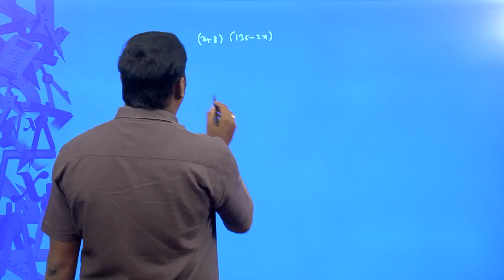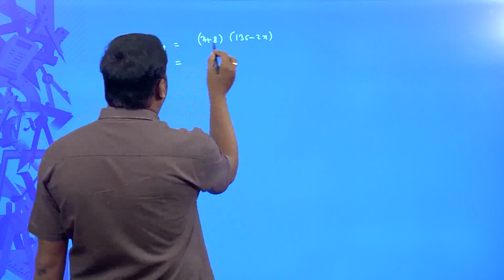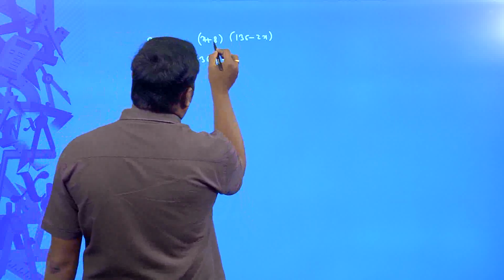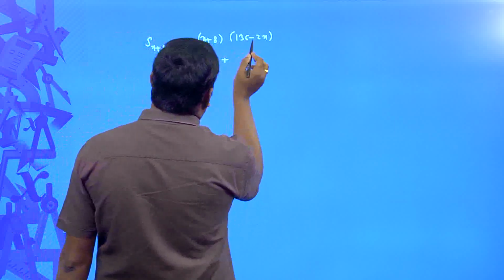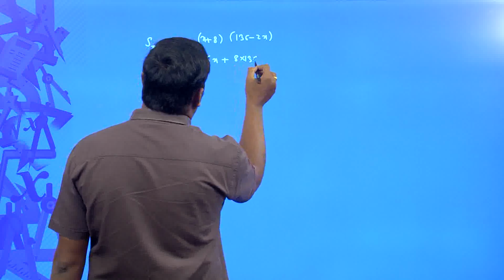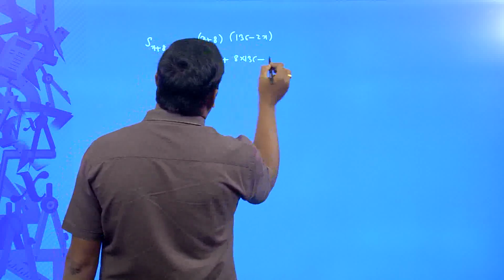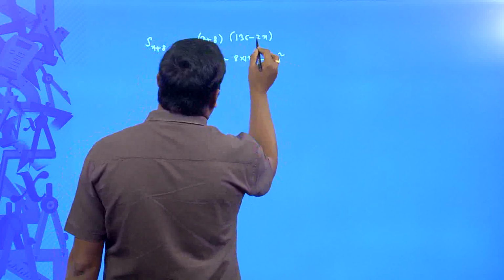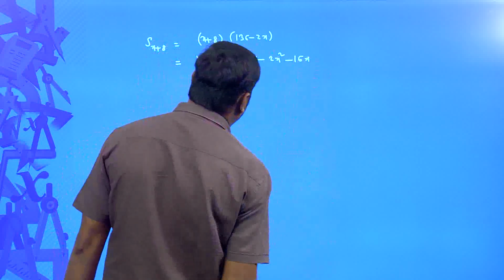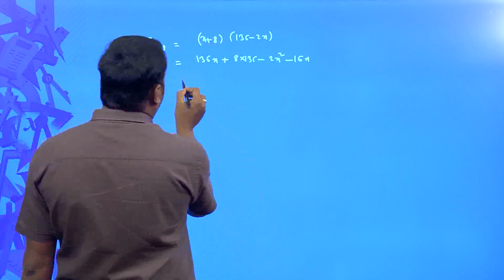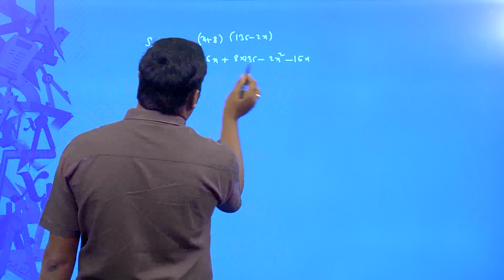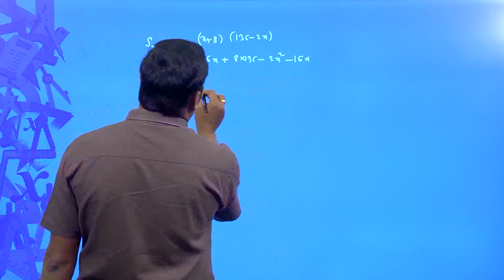See here, when you multiply both of them, you get 136 into x, which is 136x, plus 8 into 136. Then 8 into 136 minus 2x into x is equal to 2x square, minus into plus is equal to minus, 8 2s are 16x. It would be 136x minus 16x, which is 120x, if I am not wrong.